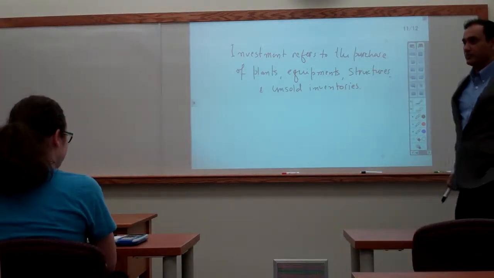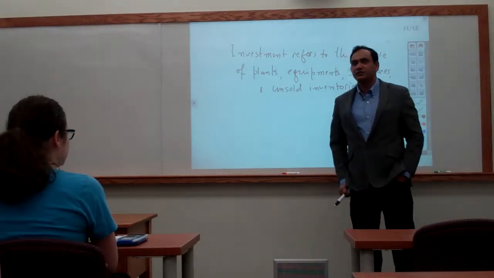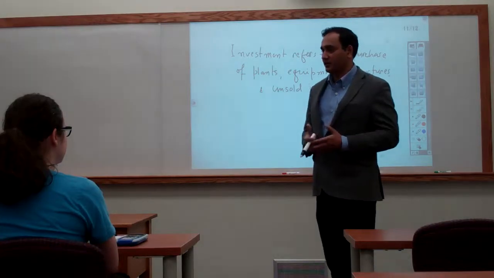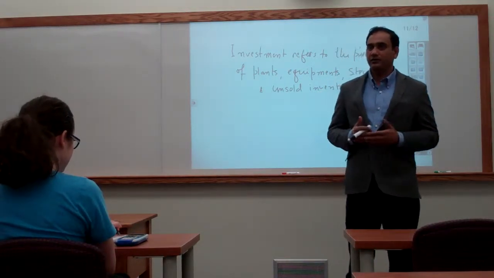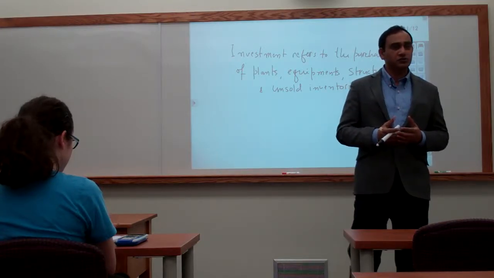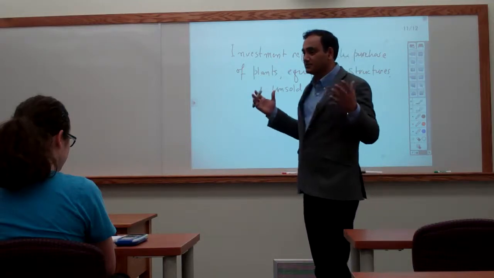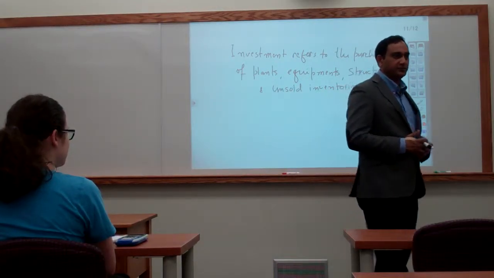So that's your investment. Investment goods are basically capital accumulation in the economy, isn't it? The capital goods are those goods that we have produced and use to make other goods and services. Think of it that way. Okay?